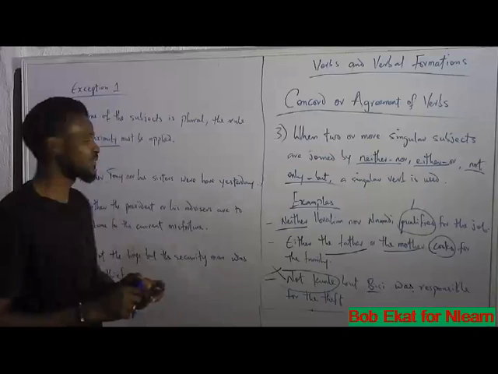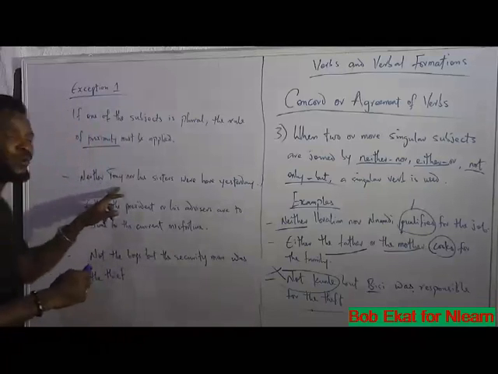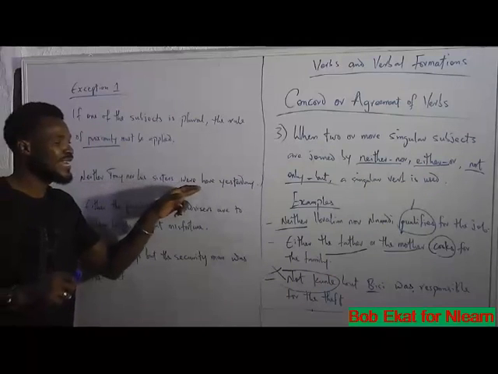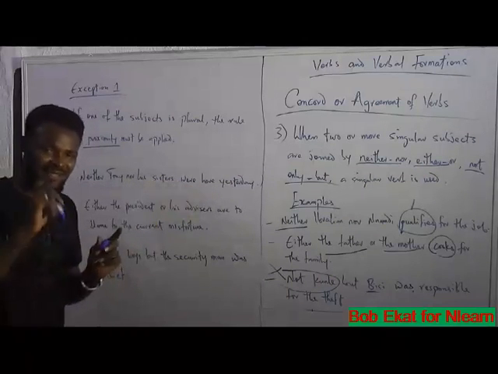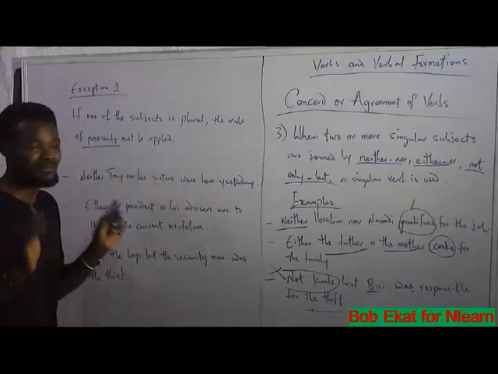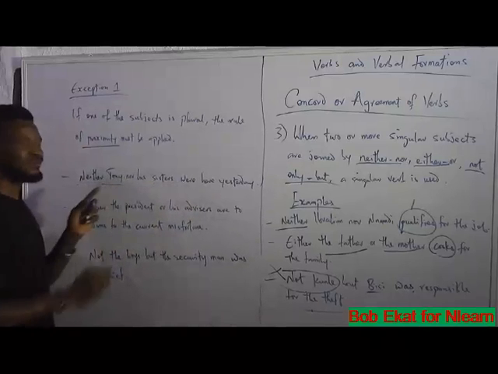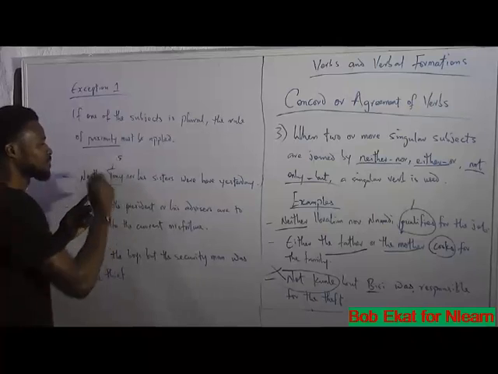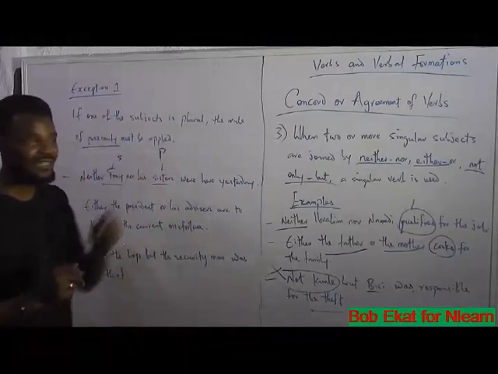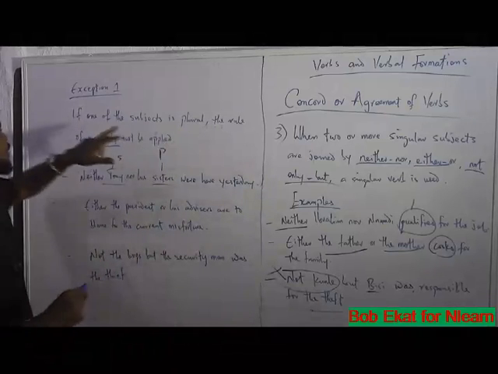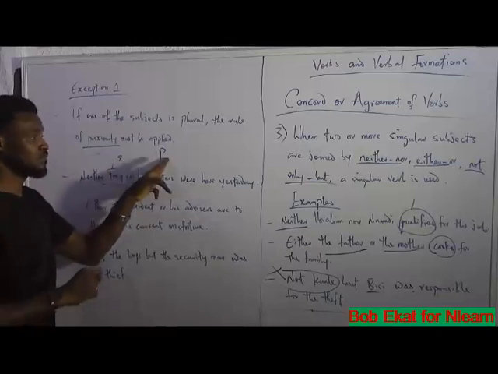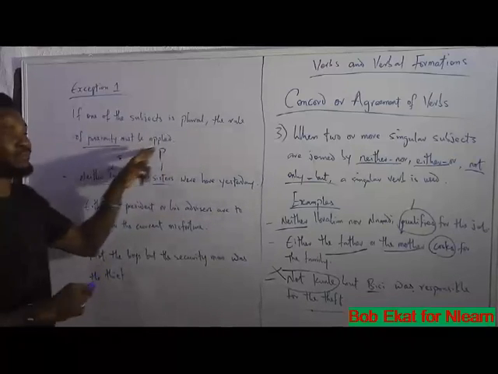Let's look at the examples. Neither Tony nor his sisters were here yesterday. Listen closely again. Neither Tony, it means not Tony nor the sisters. But then, Tony is singular. Sisters is what? Plural. And the rule says if one of the subjects is plural, and of course one here is plural, the rule of proximity must be applied.